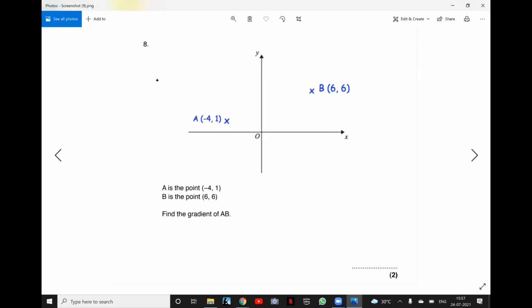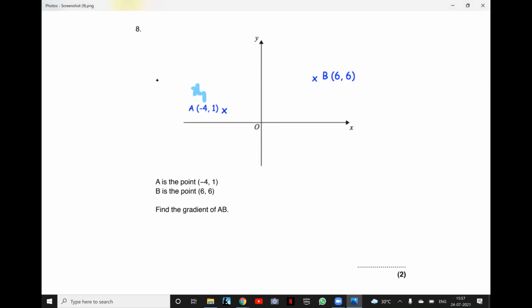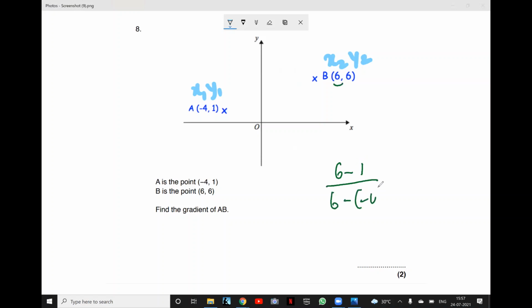So suppose this is the sum. Here straight away we know that this is x1, y1, and this is my x2, y2. Correct? These are the straight coordinates. Now what will I be doing here? Here again same thing, y2 minus y1 upon x2 minus x1, which is 5 over 10.